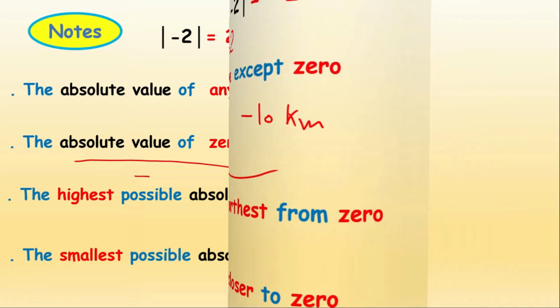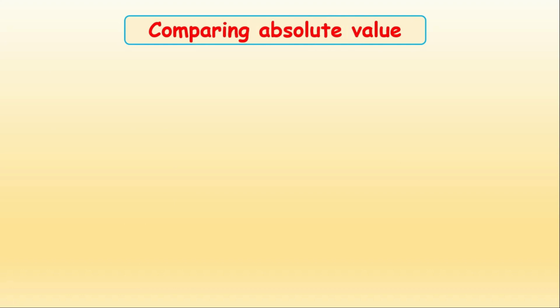Okay. Let's show how to compare absolute values. The first example, absolute value of negative 3 and absolute value of 3. Which is the greatest one? We agreed that absolute negative 3 equals 3, and also absolute 3 equals 3, so they are equal.